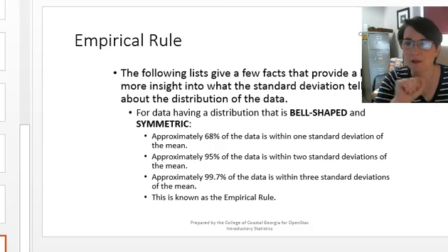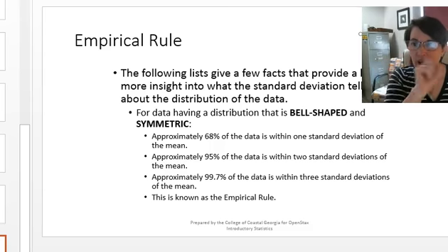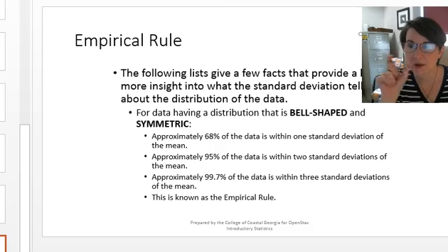So I'm talking about 2 areas, one on either side of the mean, each a standard deviation wide, whatever that standard deviation is. Maybe the standard deviation comes out to be 4. Then I'm talking about from the mean to one side 4 and to the other side 4. So that whole spread is going to be 8. So within that spread, the empirical rule tells us that 68% of my data is in there.